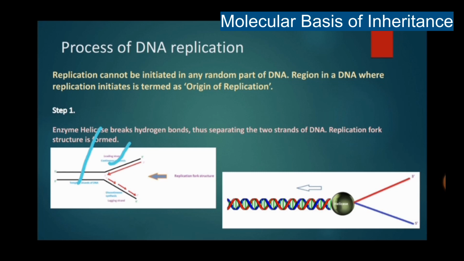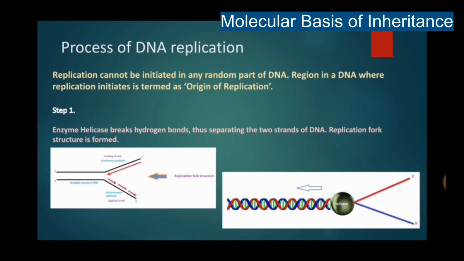Because the helicase enzyme would have come here and started breaking the bonds in this direction. As the enzyme keeps moving in this direction, the bonds continuously break. As the bonds break, the two strands separate from each other, right?